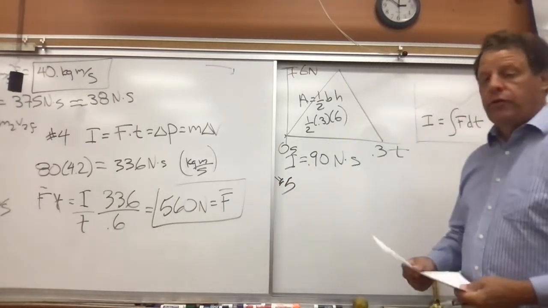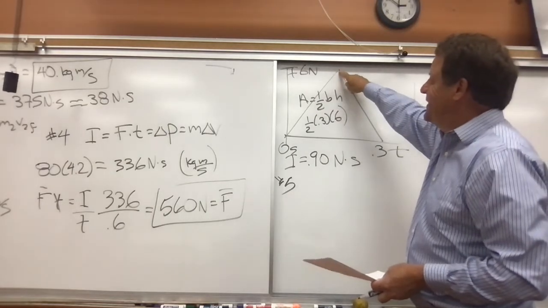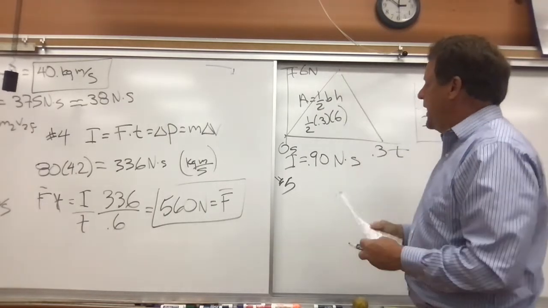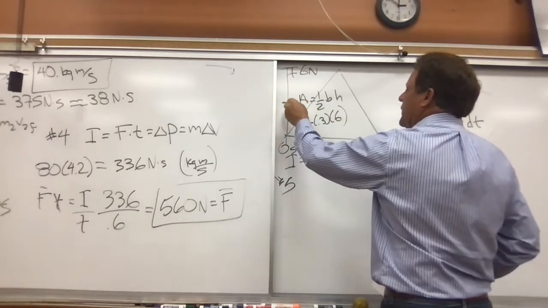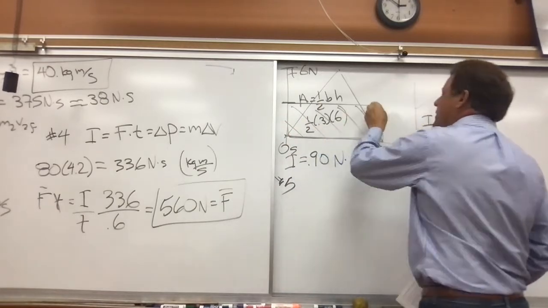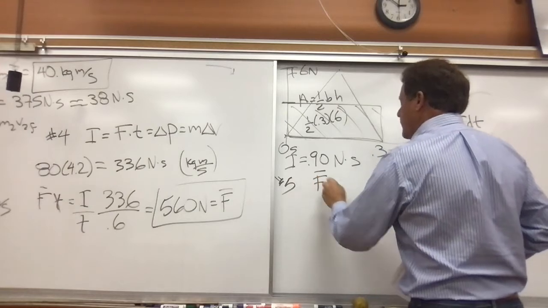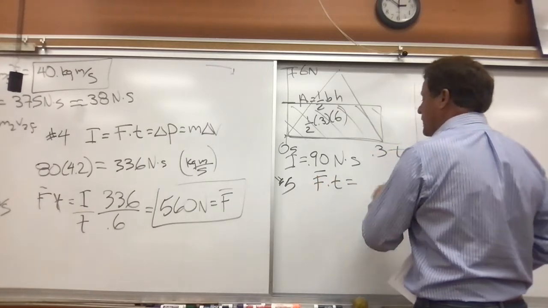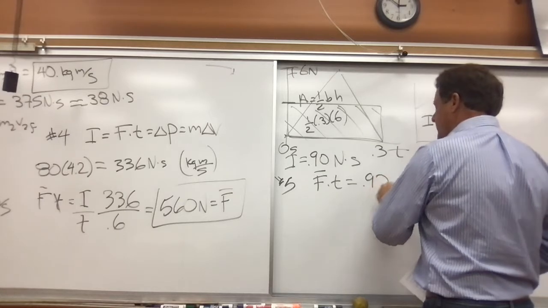Now the average force, okay, we can see that maximum force is 6, and really we're going to end up somewhere down here where we're going to get a rectangular area, which is going to be the average force times time, which is going to equal the overall impulse, okay?